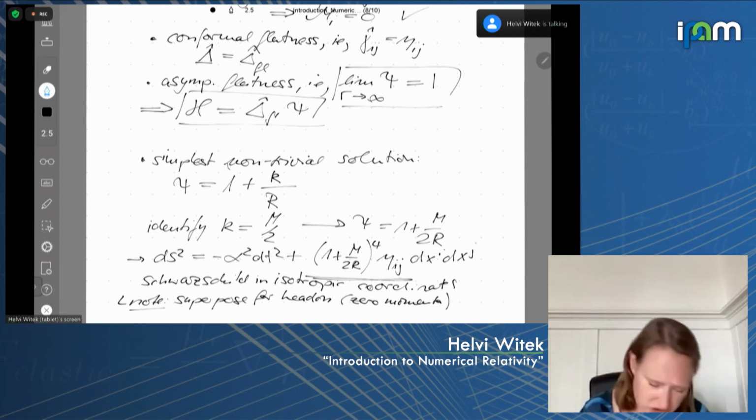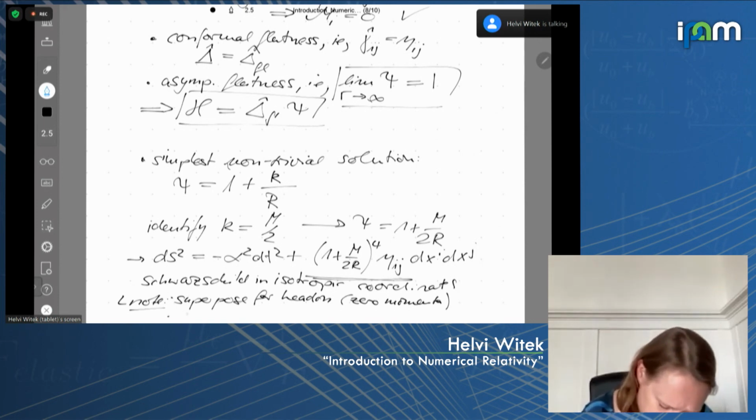And this is just one version of initial data. So together is the Bowen and York extrinsic curvature for the momentum.